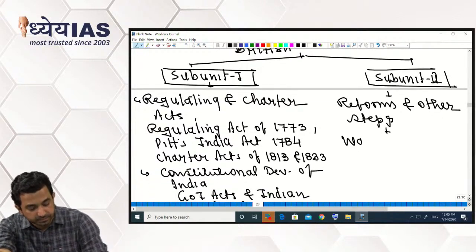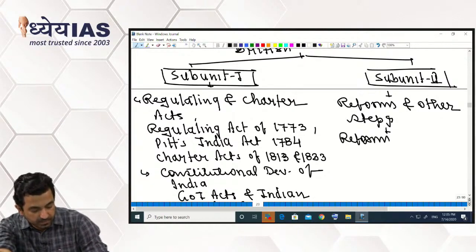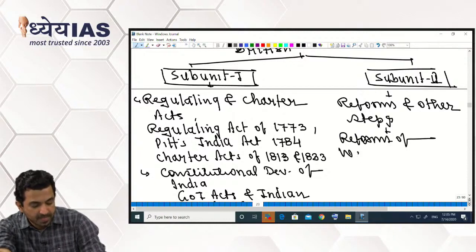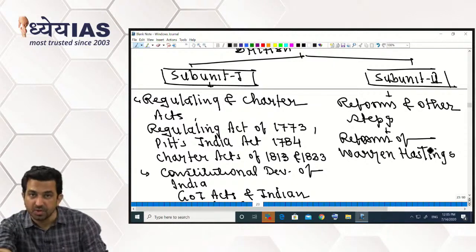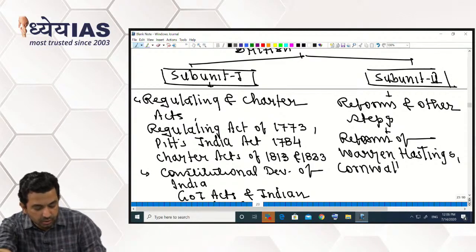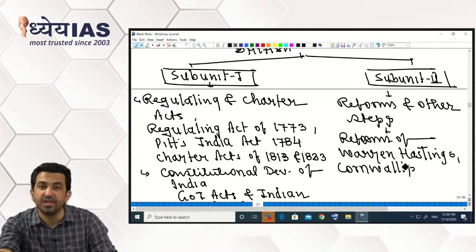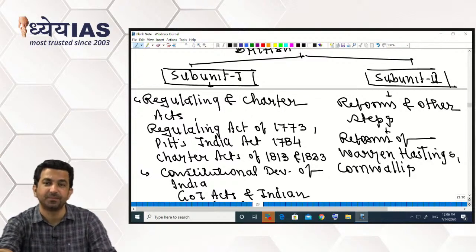reforms of Warren Hastings, Lord Cornwallis, who is very often regarded as father of Indian civil services and modern judiciary.